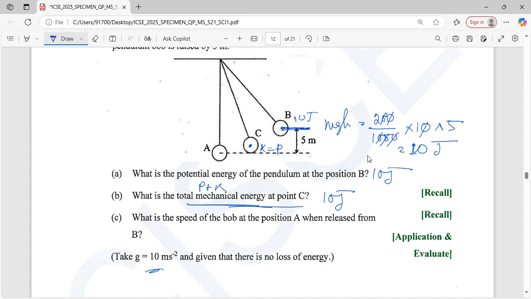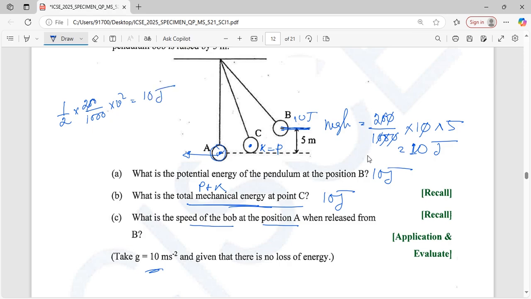10 joule. Now the speed of the bob at position A: the potential energy is 0 and the kinetic energy is maximum. The kinetic energy formula is half m v squared. Half times 200 by 1000 in SI times v squared is also 10 joule.